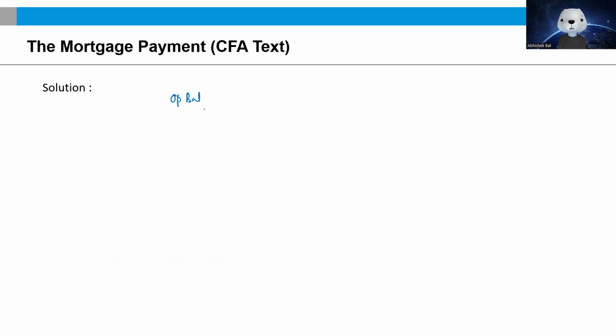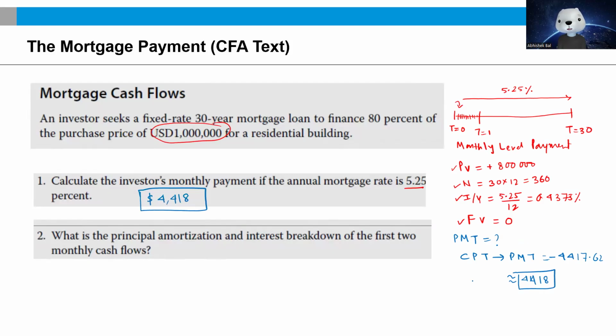Let's create certain columns. So we have the opening balance. We have the interest payment on the opening balance. And of course, we have the level payment.